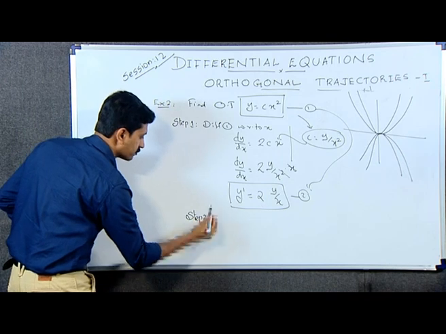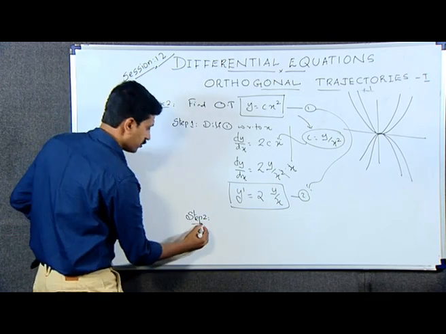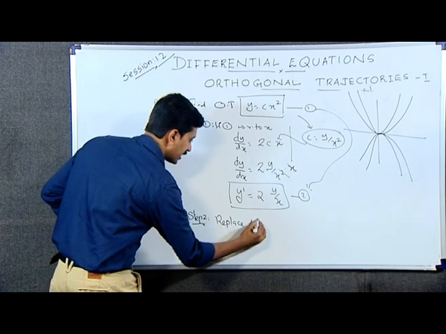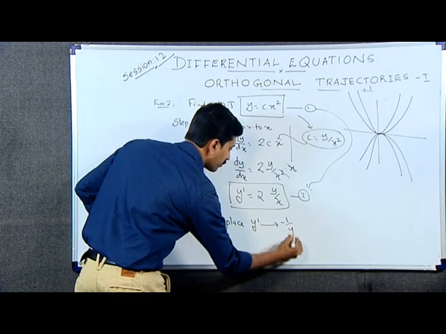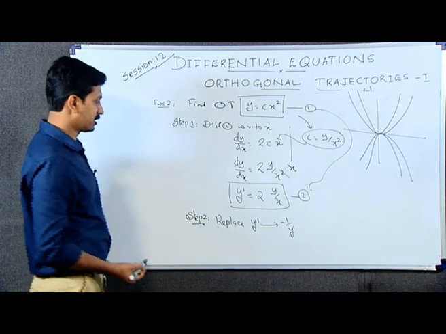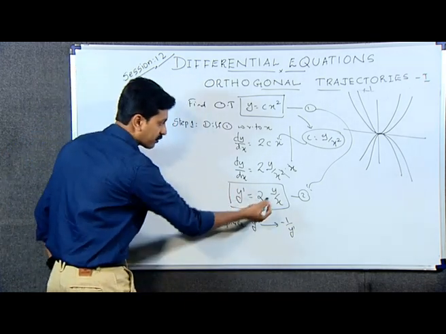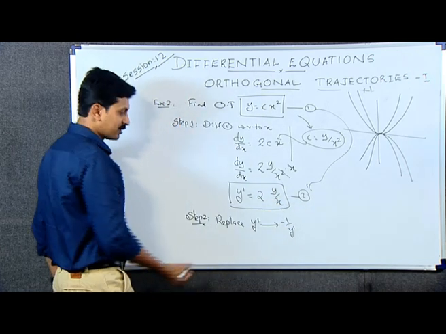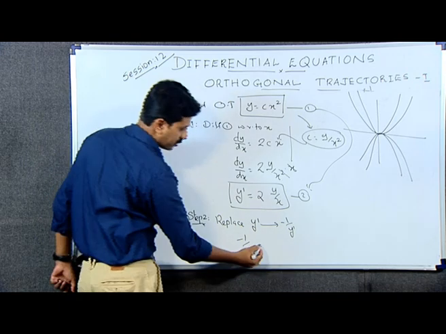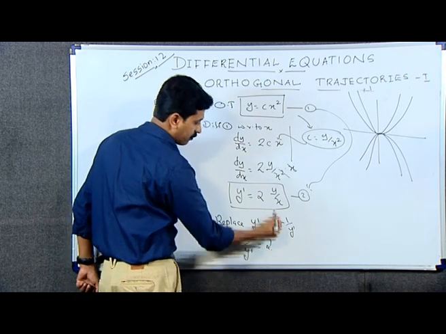In step 2, we replace y dash by minus 1 by y dash. See how, what will happen for our differential equation 2. So, minus 1 by y dash is equal to 2 into y by x.